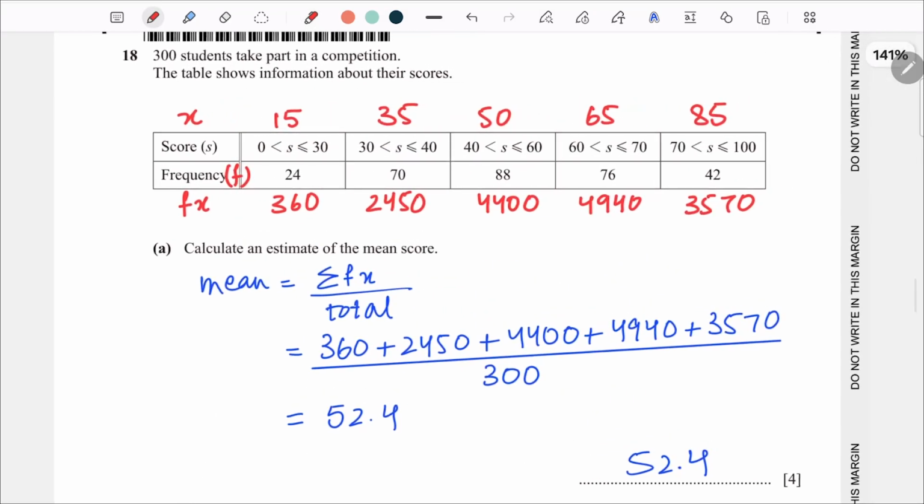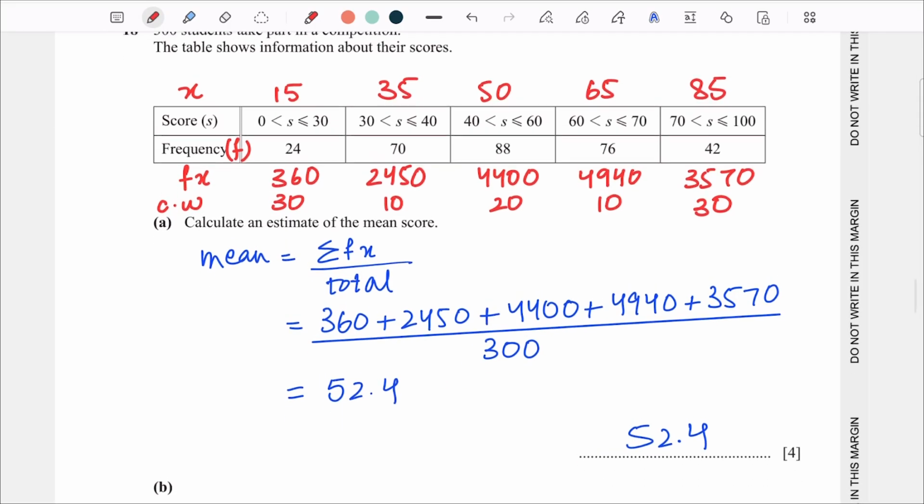So here I'll write the class width. 30, then the interval between 30 and 40 is 10. Here it's 20, 10 again, and the difference between 70 and 100 is 30. So I'll copy this below to make everything easier.